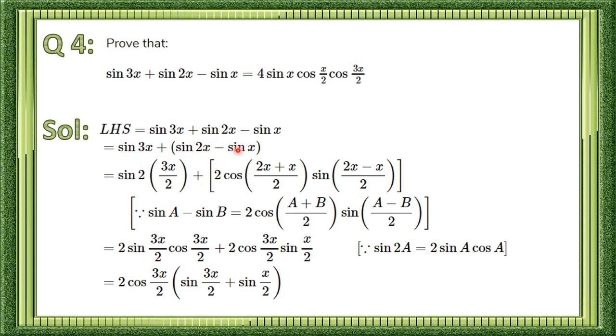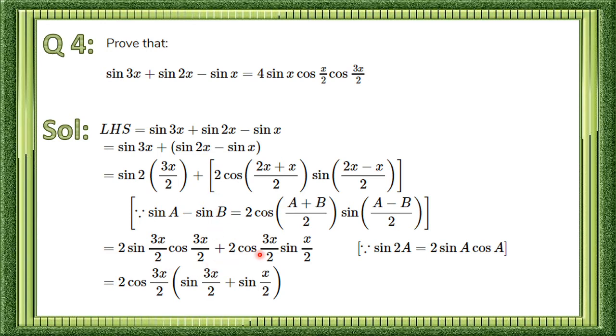And here inside the bracket we are using this property, sin A minus sin B, which is 2 cos (A plus B) by 2 sin (A minus B) by 2. And here sin 2 theta is equal to 2 sin theta cos theta, because we need something in this format. So that's why we are writing it this way: 2 sin 3x by 2 cos 3x by 2.